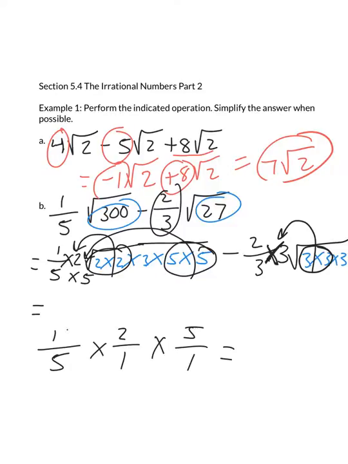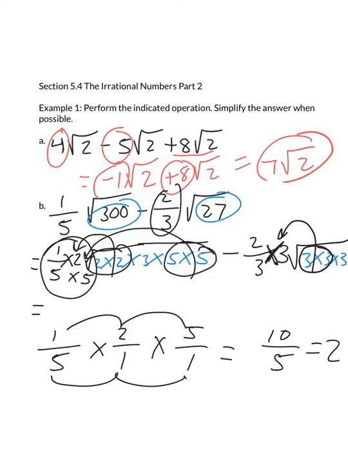Going across the tops, 1 times 2 times 5 is 10. On the bottom, 5 times 1 is 5. 10 over 5 simplifies down to 2. So either way you do it, on the calculator or longhand, when you multiply this mess of numbers right here, you do just get an answer of 2.